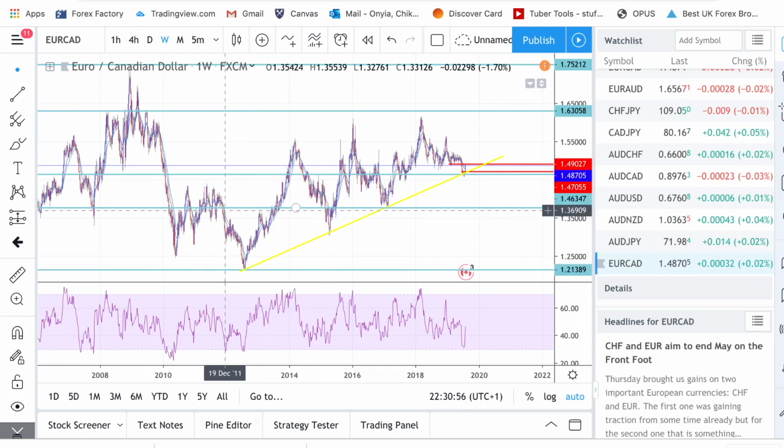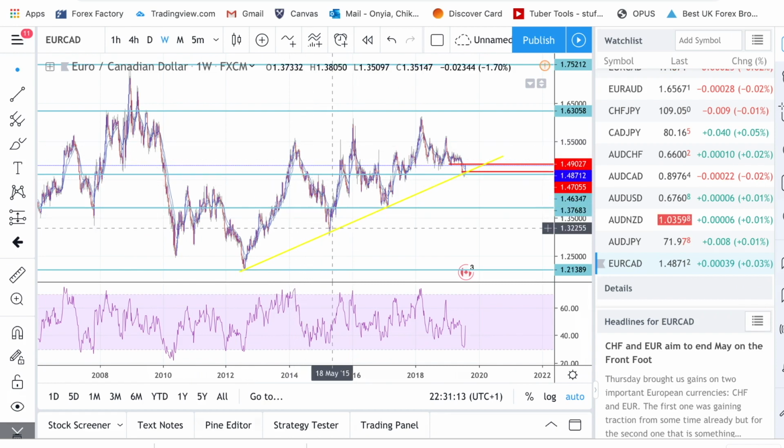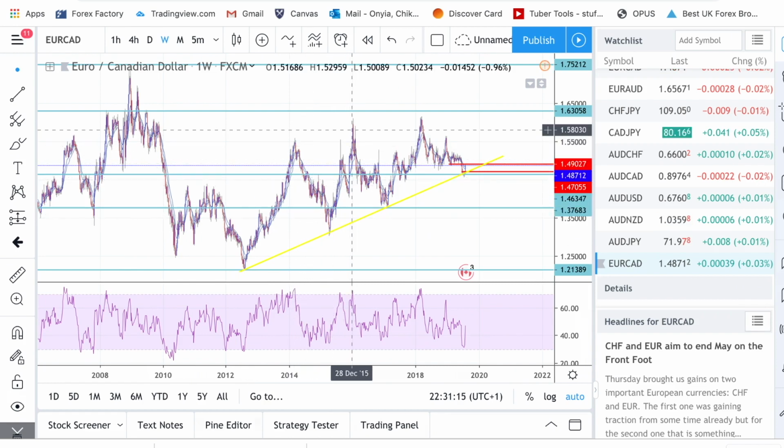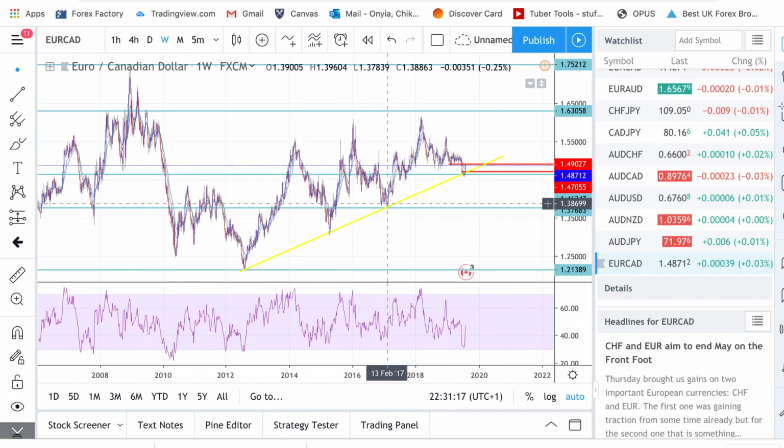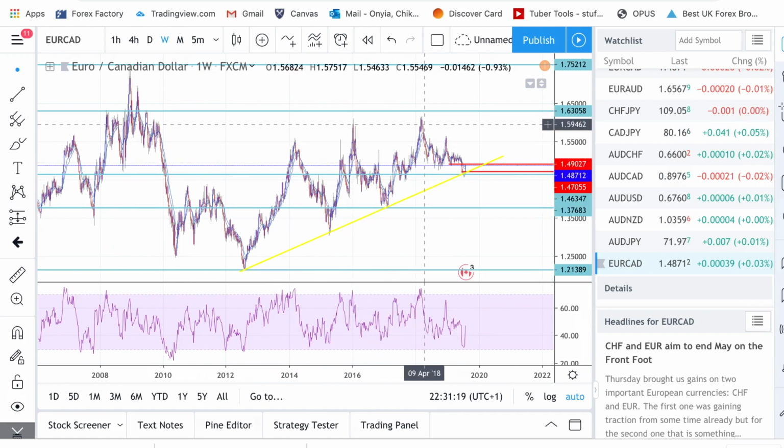So, for example, you can see right here, this currency was going downwards, and then bounced off this yellow line, started going upwards. Then it kept going down, bounced off this yellow line again, went upwards. Went down, bounced off the yellow line again, went upwards, bounced off the yellow line.